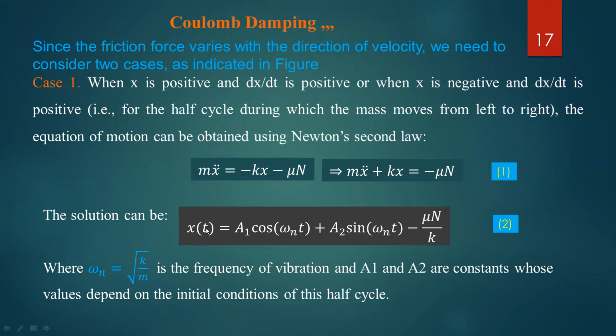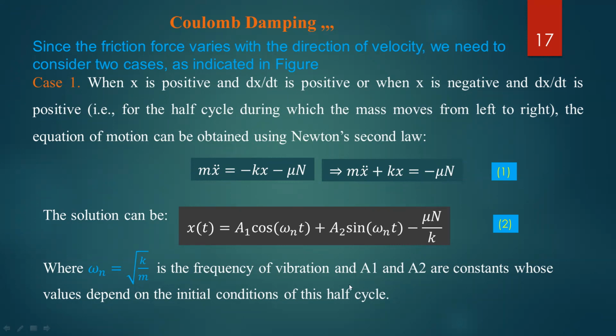This is the type of solution for the non-homogeneous second order equation. A1 and A2 are amplitude constants, which should be determined from prescribed conditions. The term mu N over k represents the contribution of the normal force at the frictional surface.